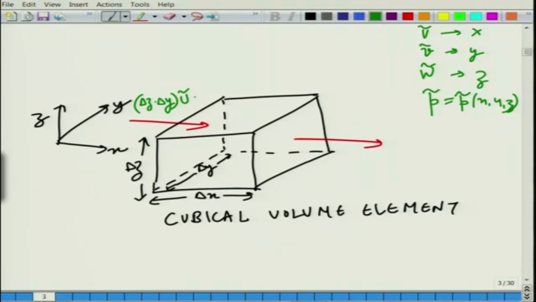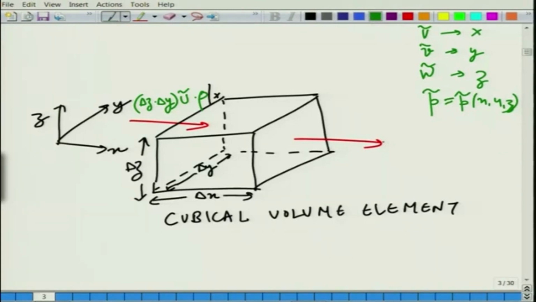Now, if you want to get the mass flow rate, you need to multiply this by the density rho. So, all the terms are evaluated at x. Okay.